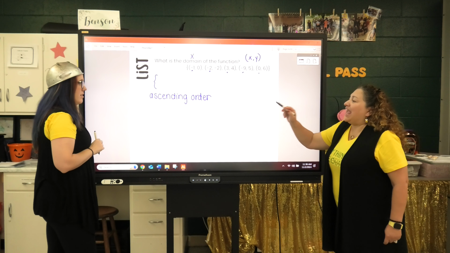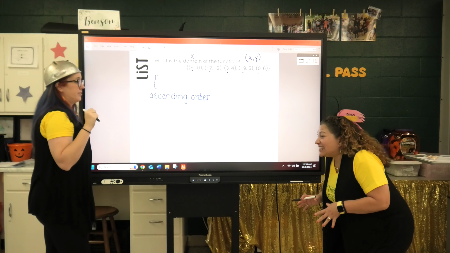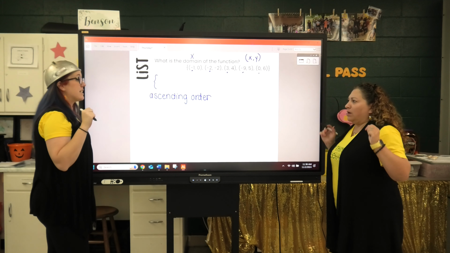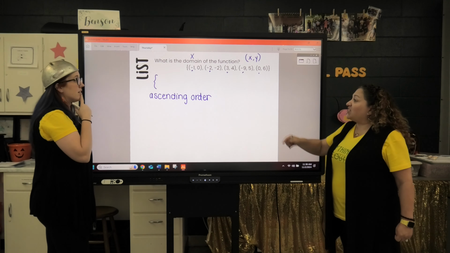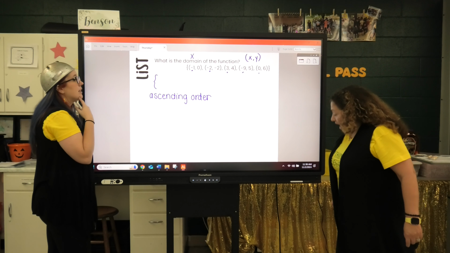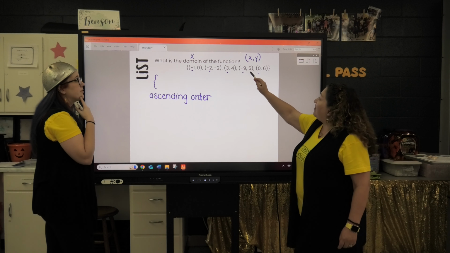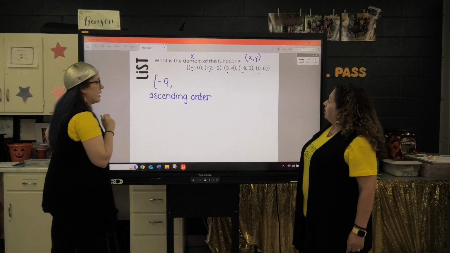Ascending order, if I remember correctly, that starts with the littlest number and goes up to the biggest number. It does. Well, let's look closely. We have some negatives. So the negatives have got to go first. And I think this -9 is the tiniest of the negatives. It is. So we'll put -9 first.